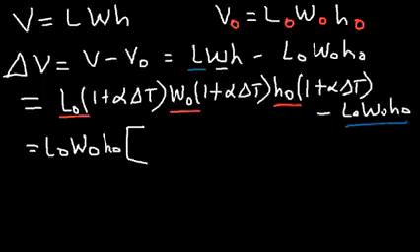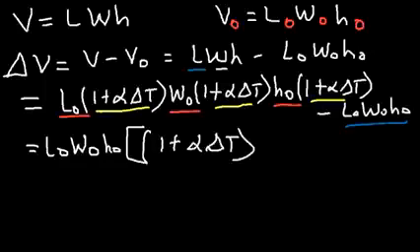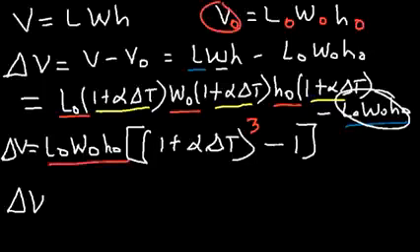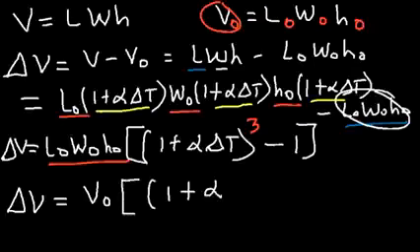If we do that, these three factors we can write as (1 plus alpha delta T) to the third power, and if we take out these three variables, we're left over with a 1. So this is the change in volume. Notice that we can replace L0 W0 H0 with V0. So the change in volume is V0 times ((1 plus alpha delta T) raised to the third power minus 1).